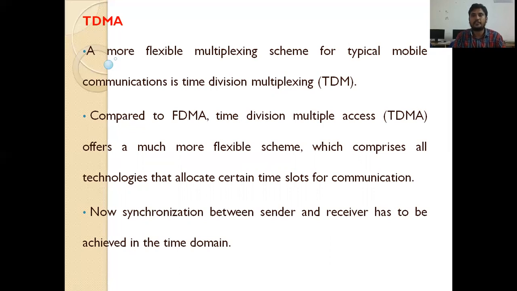So you only access that particular subject in that particular time period only. In that time period, the total bandwidth is utilized by one user. So from 9 to 10, only one channel can be accessed. So the total 100 bandwidth is used by one channel only.